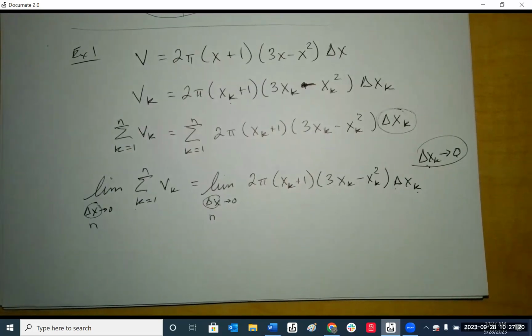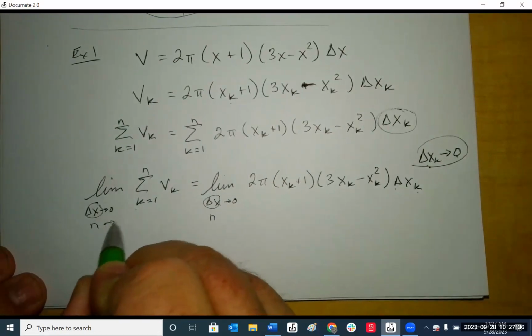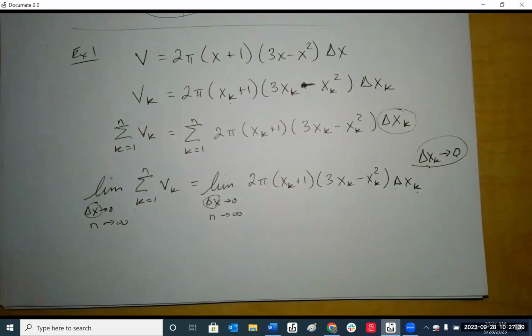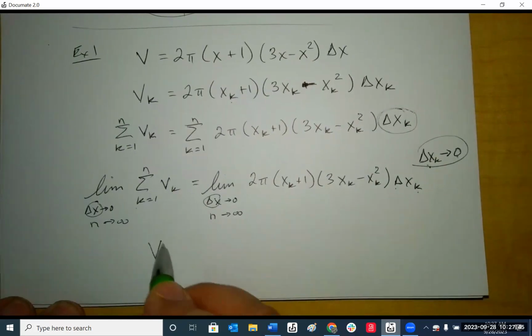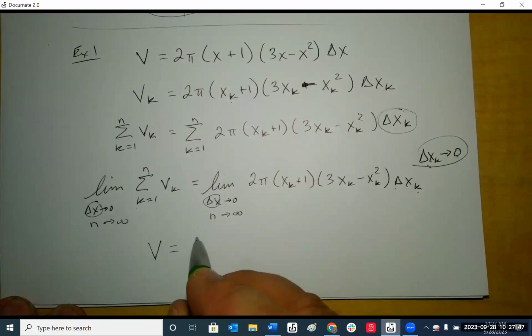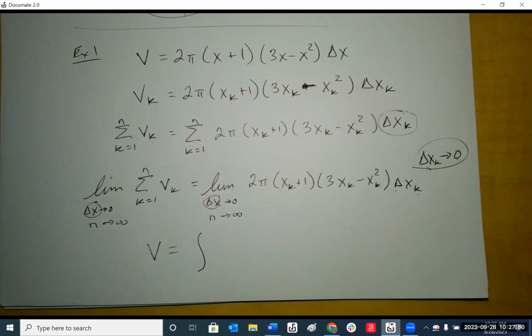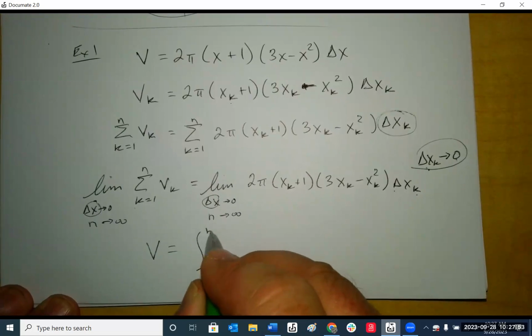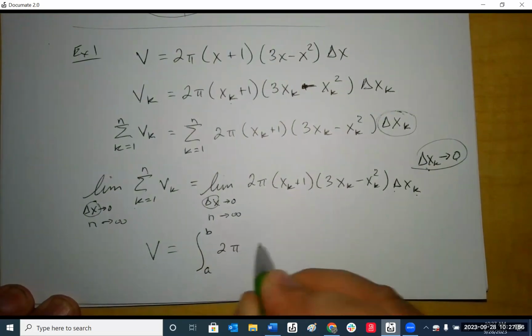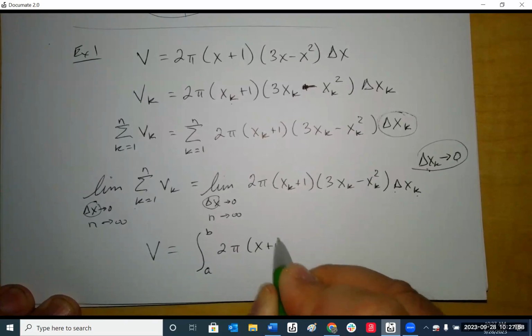Because the Riemann sum is as we increase the number of slices by making delta x go to 0, we add up all those as the number of slices goes to infinity, the delta x goes to 0, n goes to infinity, the slices go to 0, and then what we end up with is the limit, is the integral of our function.